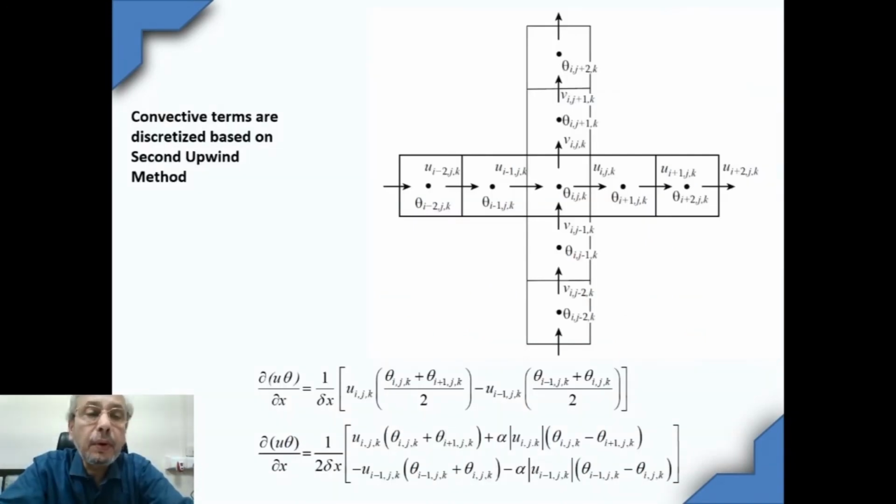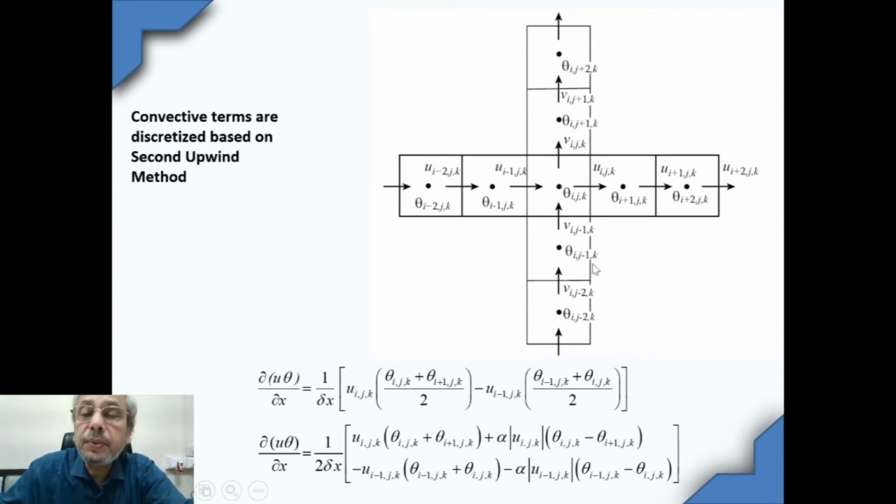If we recall, basically we have the terms del x of u theta, del y of v theta, and del z of w theta. Now we have taken up the first term, which is del x of u theta.